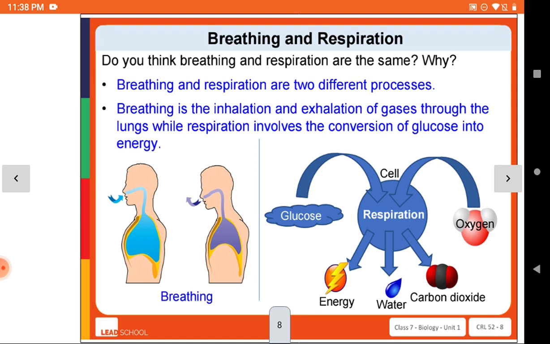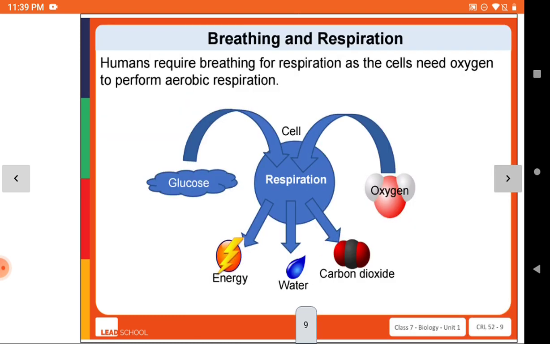Breathing means we inhale and exhale gases, and respiration is the breakdown of glucose with oxygen, which provides energy. So these are two different processes.